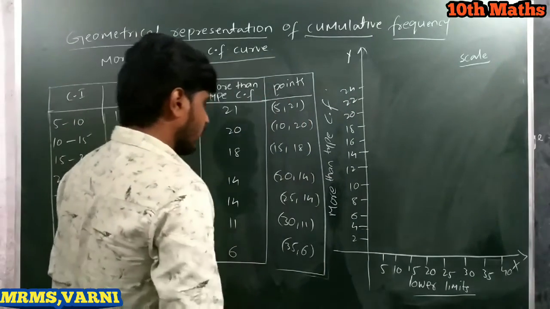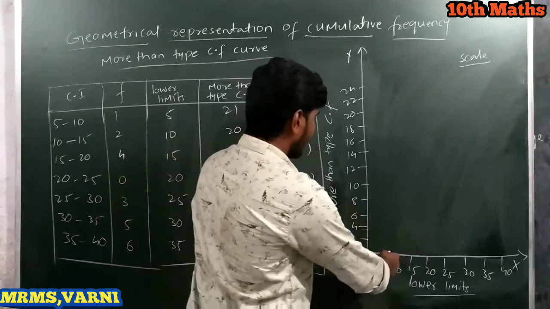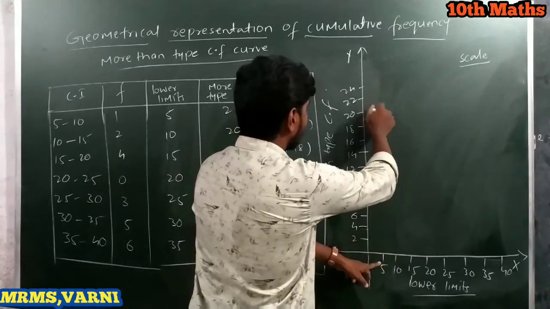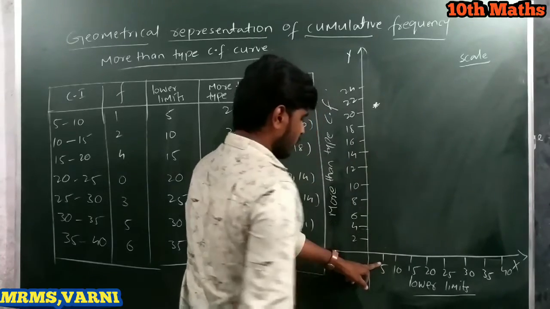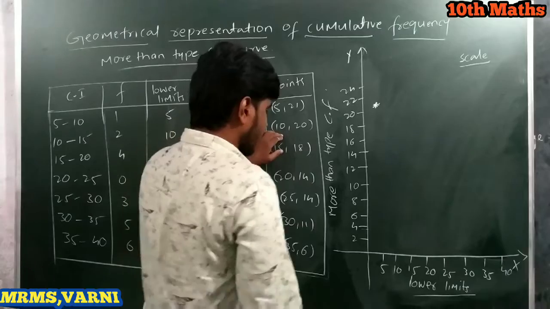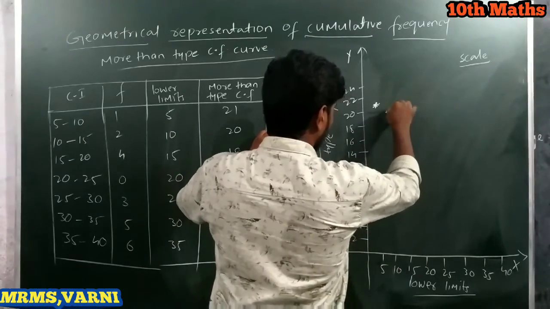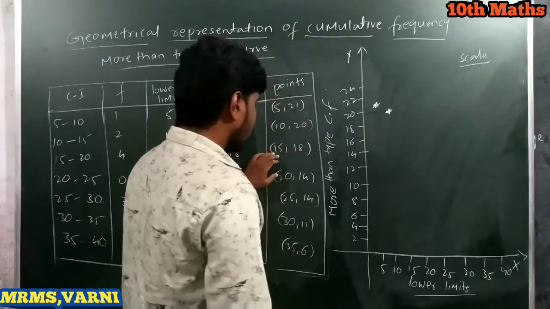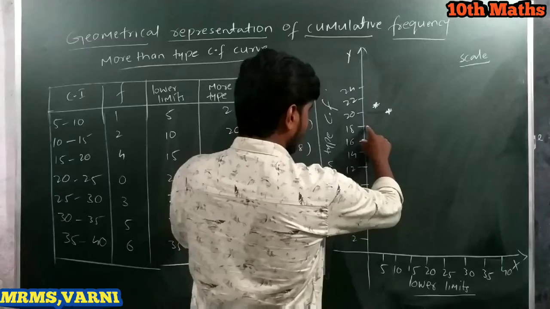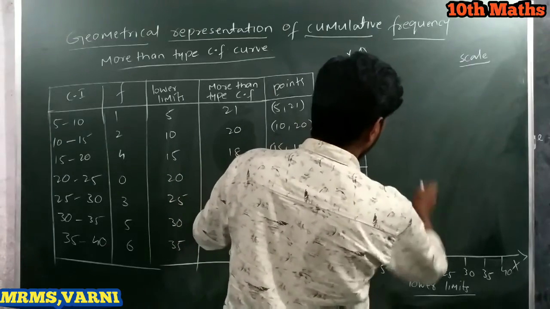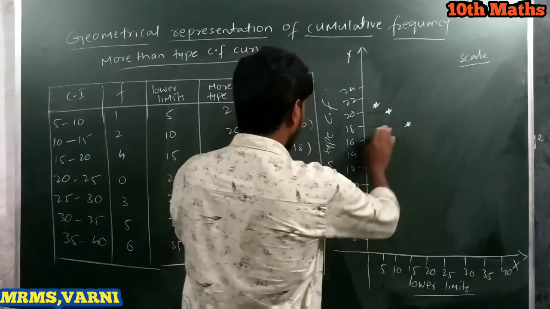Take the first point 5, 21. Yes, 5 is on the x-axis, 21 is on the y-axis. Where does it lie? Yes, it lies here. Mark here. Next 10, 20. 10 is here, 20 is here. Mark it. Next 15, 18. 15 is here. Where is 18? It is here. Don't draw these lines.